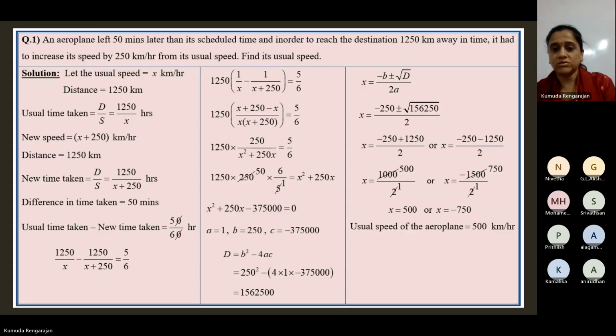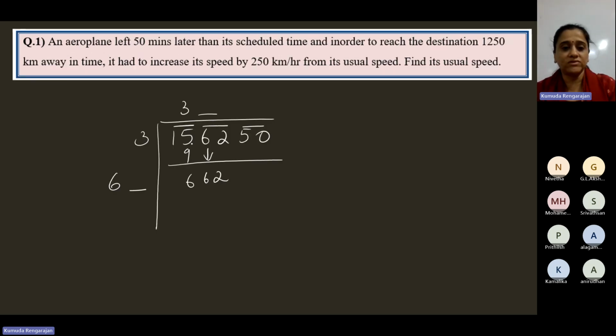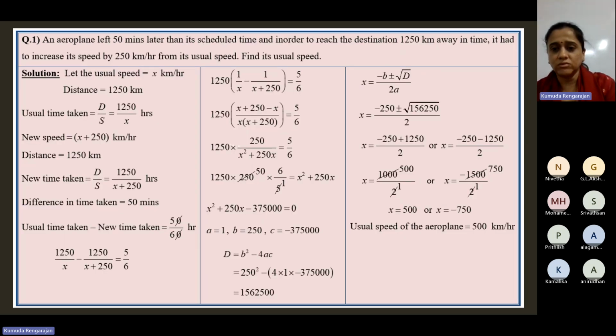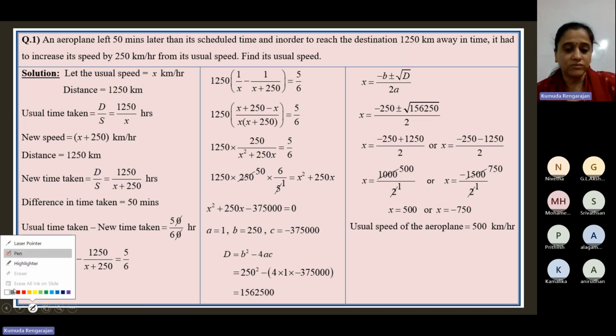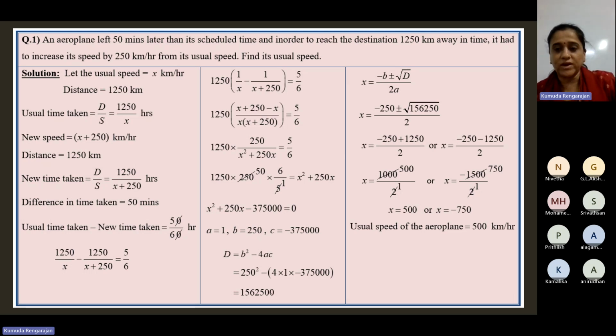So what's happening? 156,250. I didn't group it correctly. What am I seeing here? 1250. For 00, there's a mistake. That's what I'm wondering. 1562500.